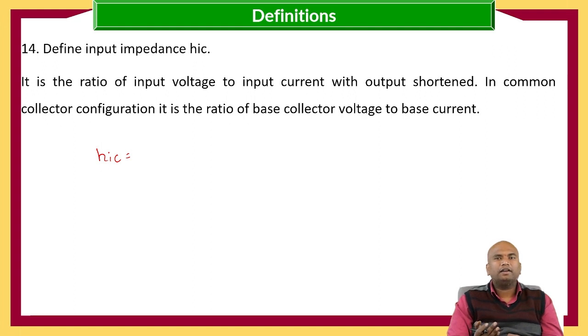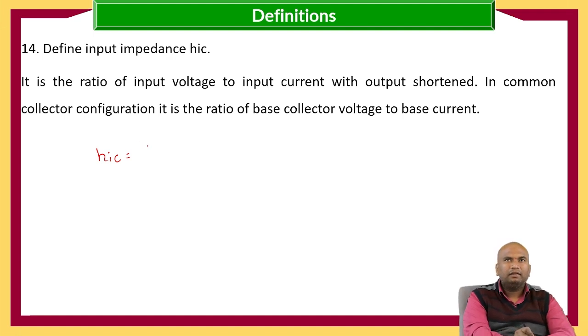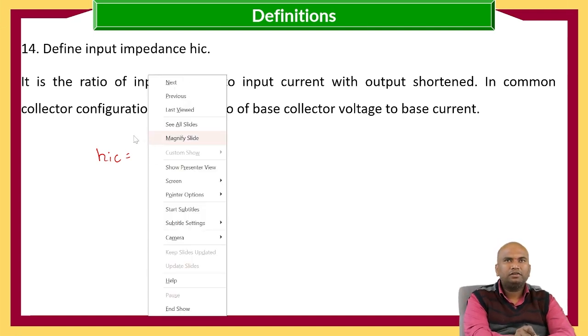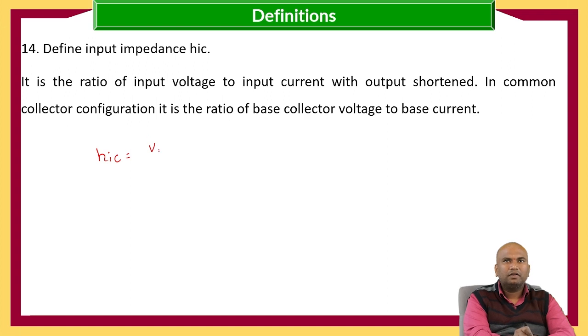In the common collector configuration, it is the ratio of base to collector voltage to base current, that is VBC divided by IB, where the output is shorted.